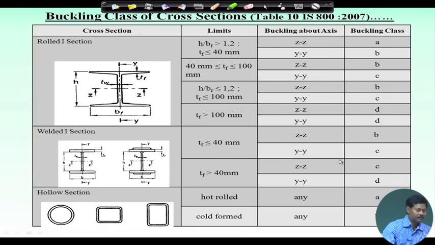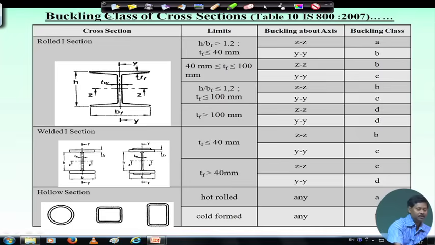Now, coming to the buckling class of cross section, which is given in table 10 of IS 800 2007. In table 10, the different buckling classes have been defined according to the cross sectional dimension.